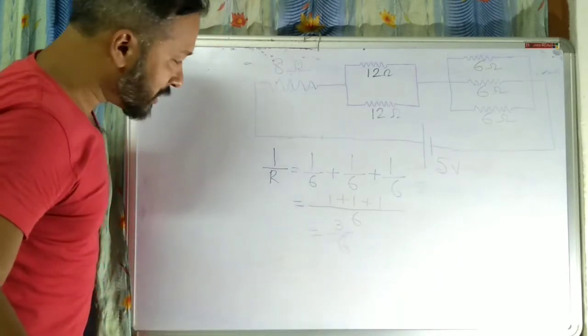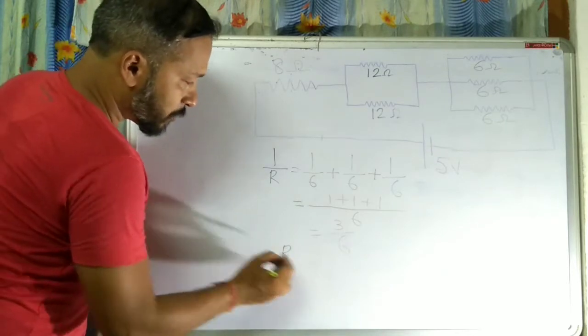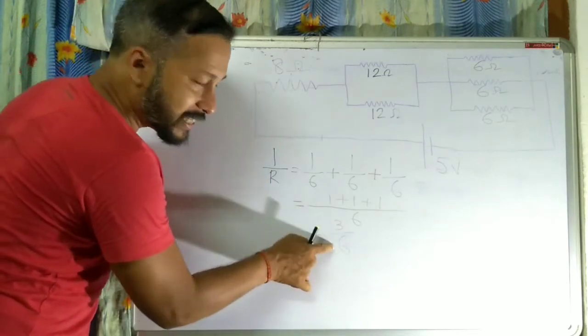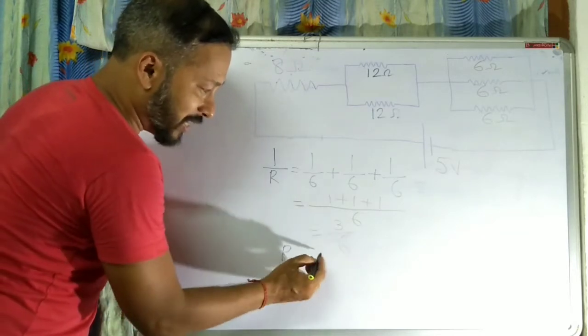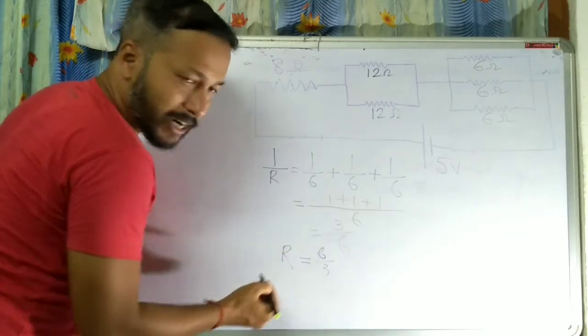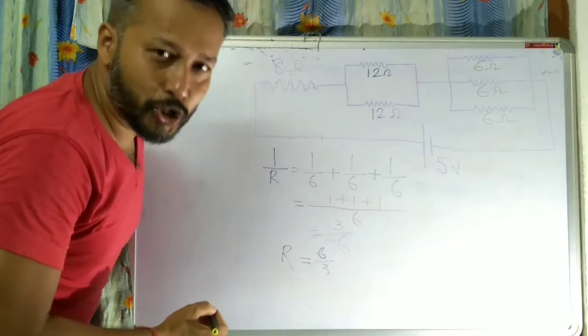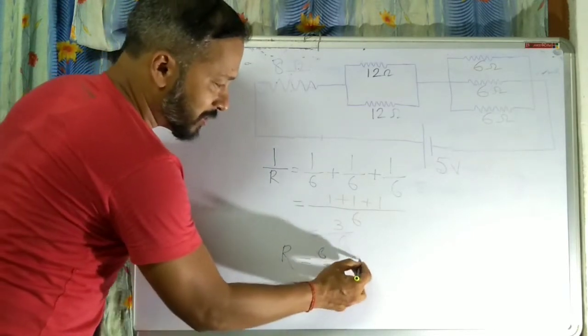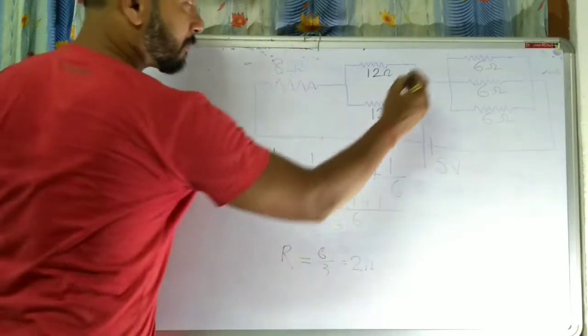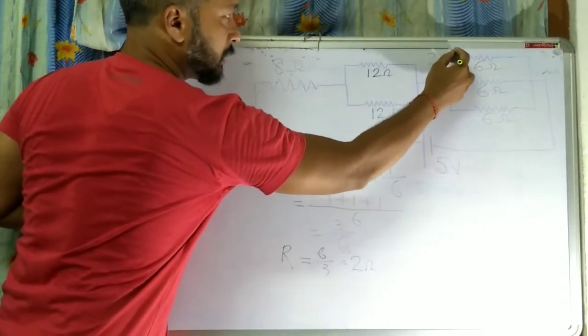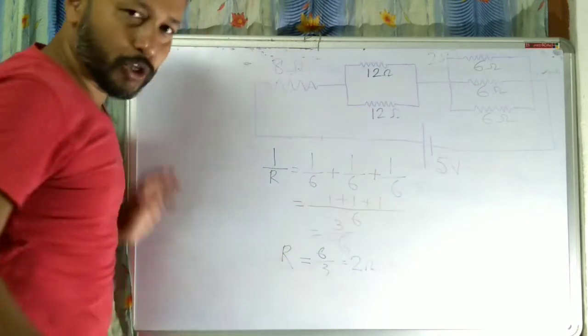So 1 by R equal to 3 by 6, so R equal to 6 by 3. Understood? So what is the resistance? 2 ohm. The total resistance is 2 ohm.